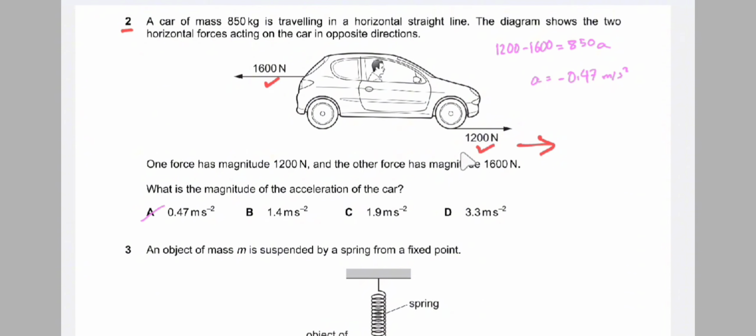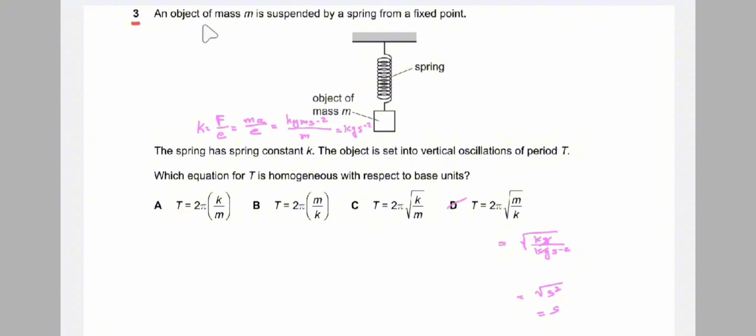So for the magnitude of acceleration, we know that resultant force is equal to mass into acceleration, and the resultant force is the forward force minus backward force. So the acceleration comes to be negative 0.47 meter per second square, but here it mentions the magnitude and not the direction. So the magnitude is 0.47. That is option A.